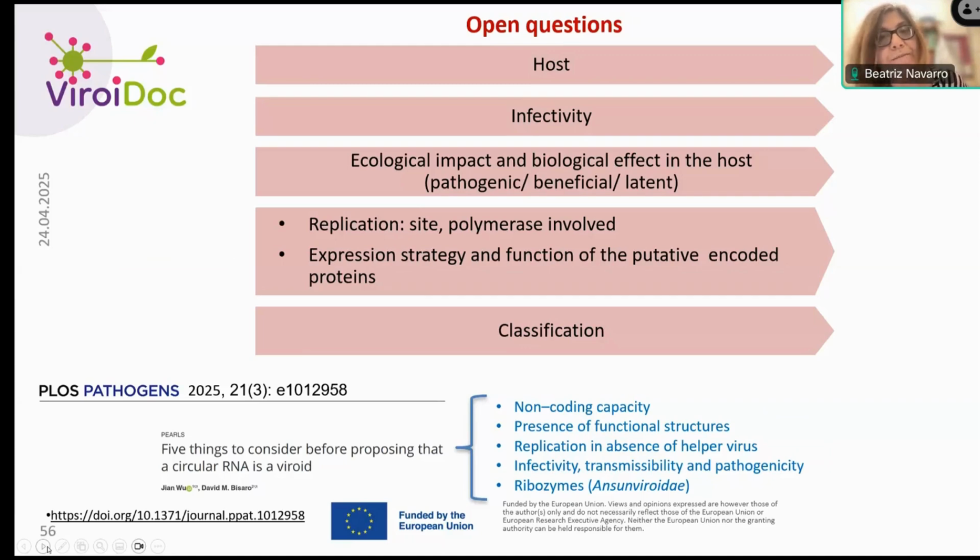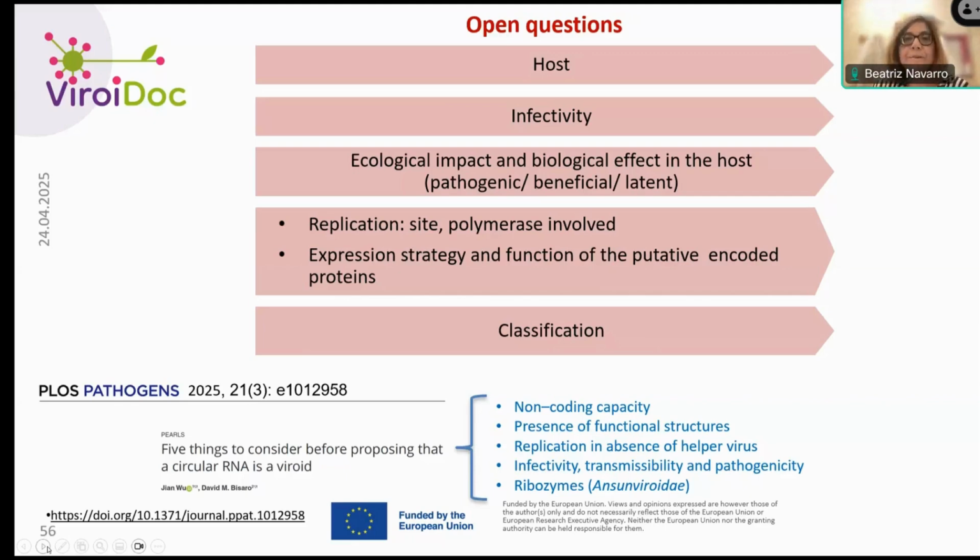To prove the infectivity, we have to construct infective clones, infectious transcripts, and obtain isogenic lines, for example in the fungus, infected with the viroid or viroid-like RNA and not infected, to prove the infectivity and also the impact and the biological effect in the host.